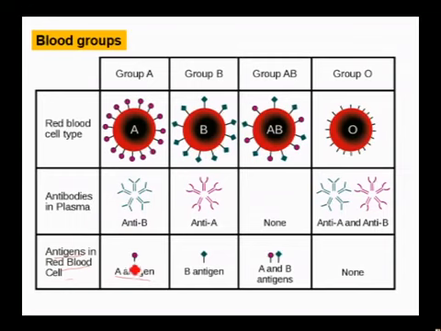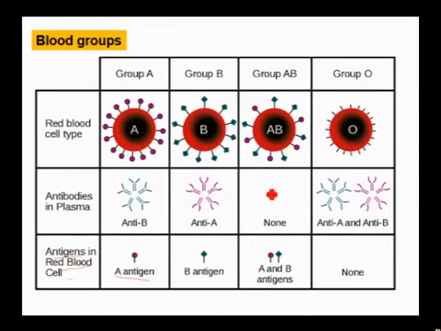Now, if it is an A antigen present in the A blood group, he will bear the antibody called the anti-B in his plasma. B blood group person will possess anti-A as an antibody in the plasma.